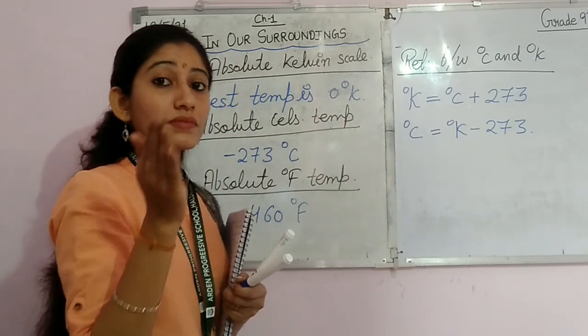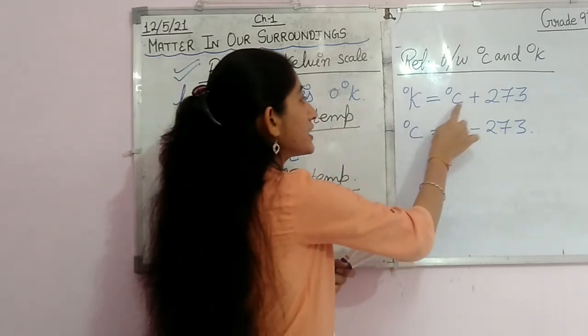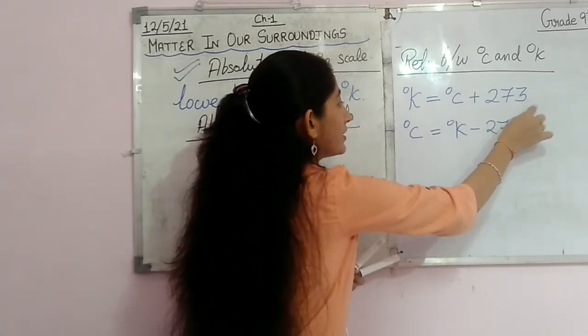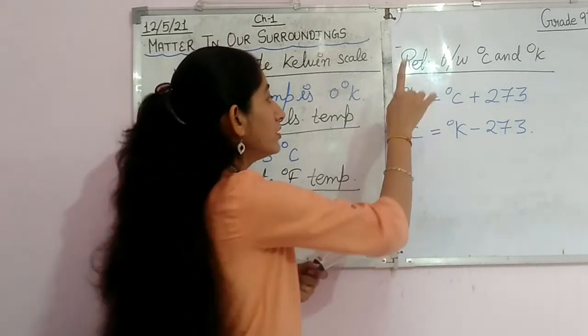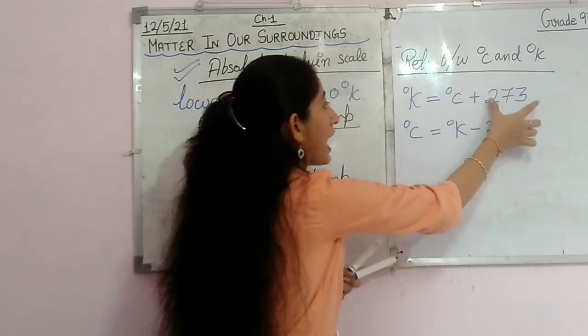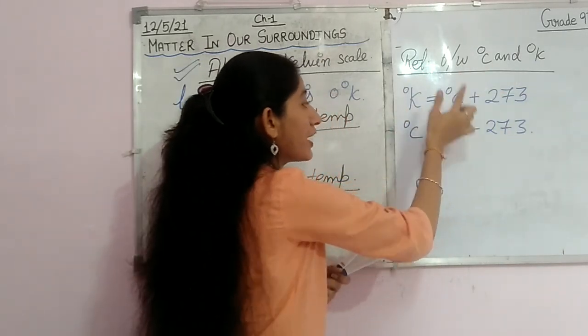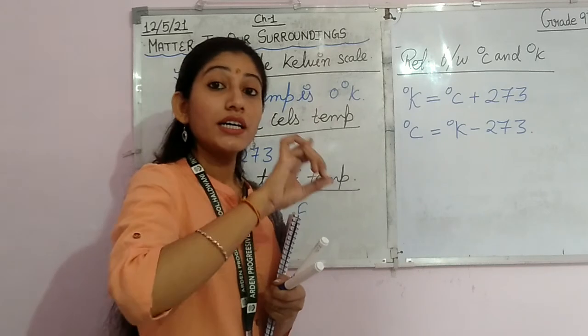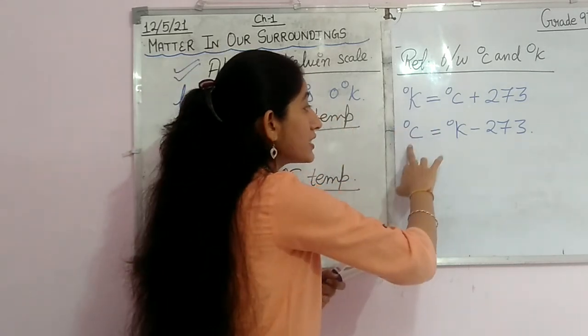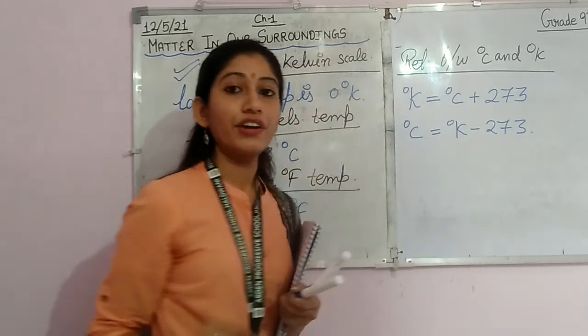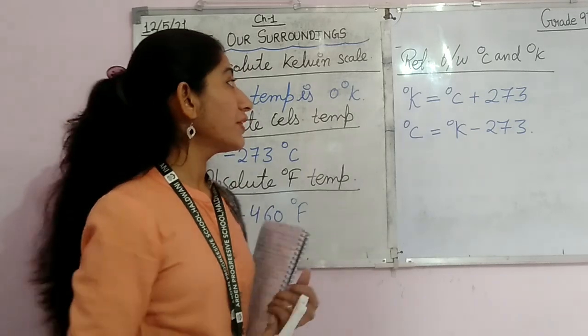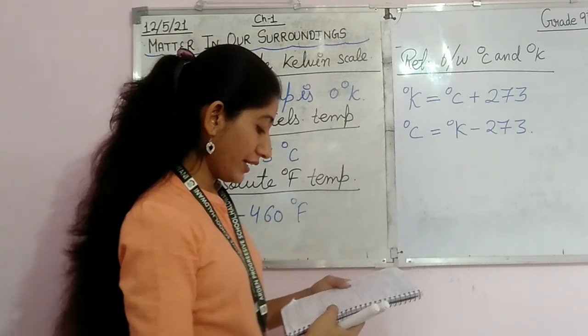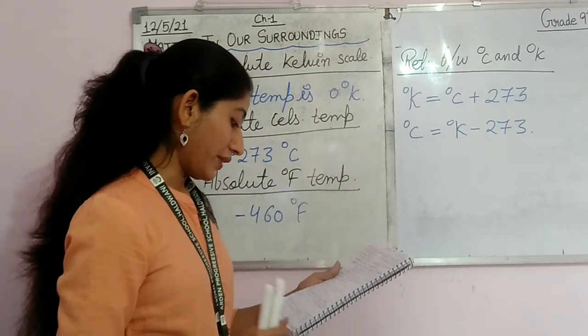We relate both Kelvin and Celsius by using this 273. When we have to find Kelvin, we add 273 to Celsius. When we have to change Kelvin into Celsius, we subtract 273 from it. In this way we can find the relation between degree Celsius and degree Kelvin.